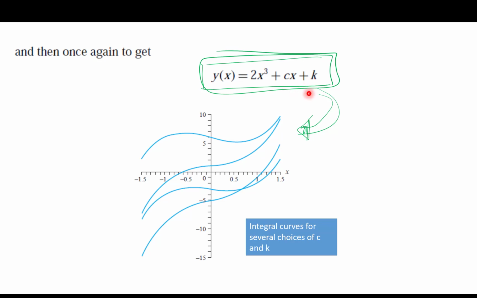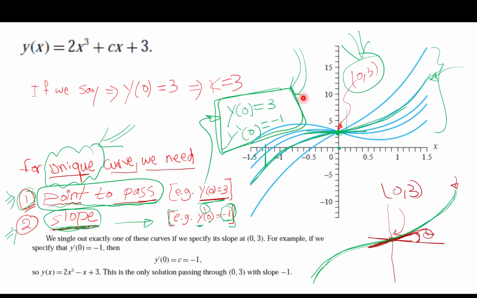But if we use the first initial condition, let's assume that y equals a certain value when x equals 0, then we put together all the curves which pass through a certain value for y.